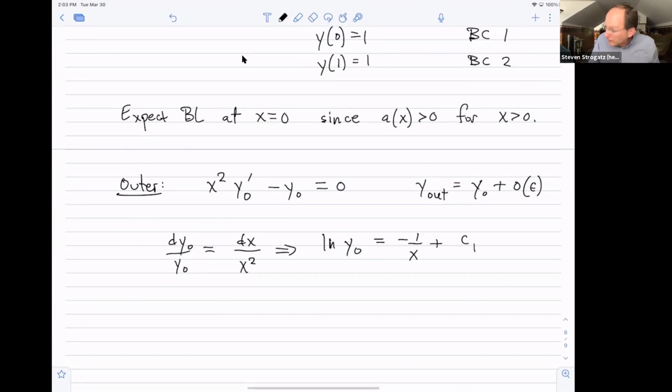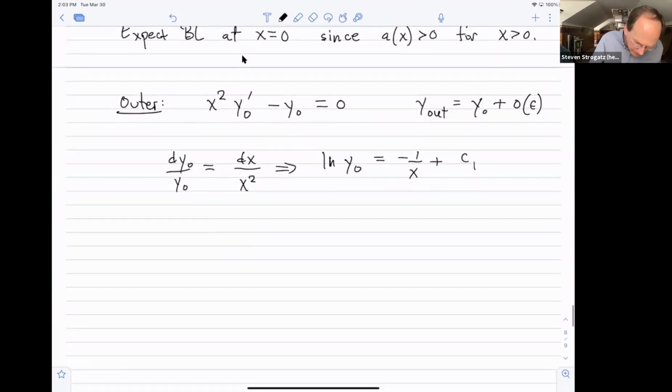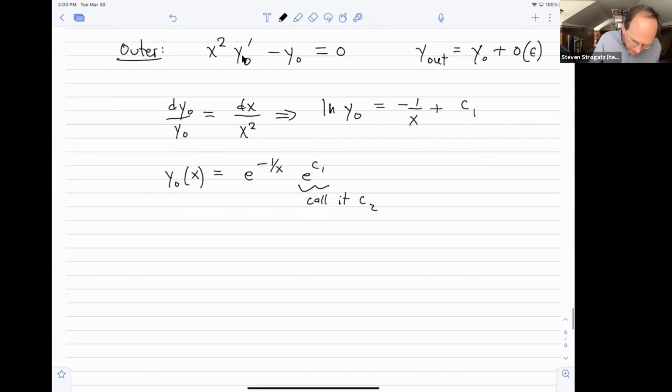Let me call it C1. And then if I exponentiate both sides, I'm going to get y0 of x equals e to the -1 over x times e to the C1, and just call that C2. It's another arbitrary constant. So I have some constant times e to the -1 over x.